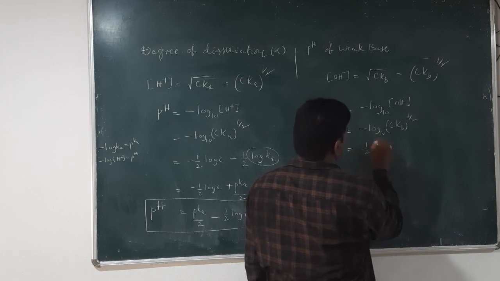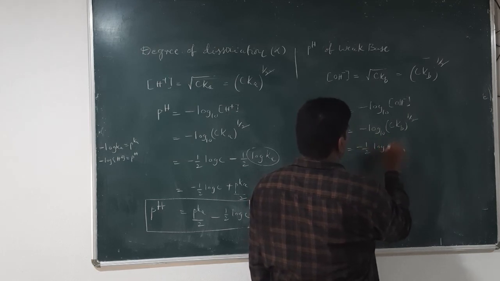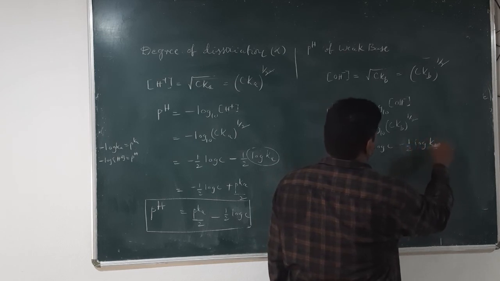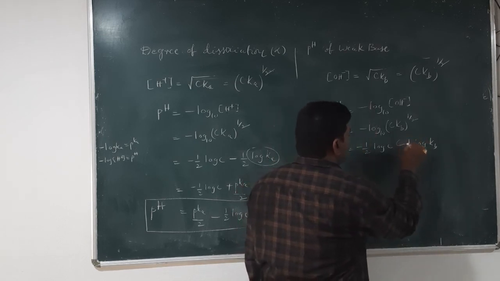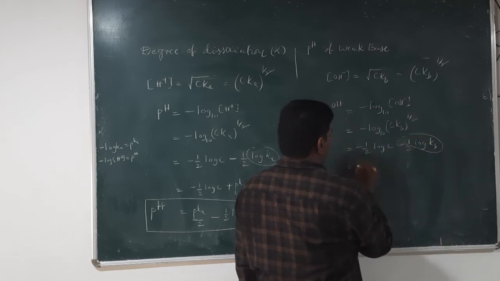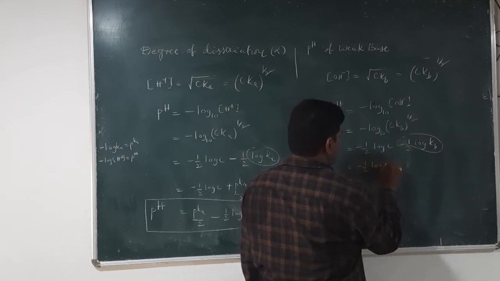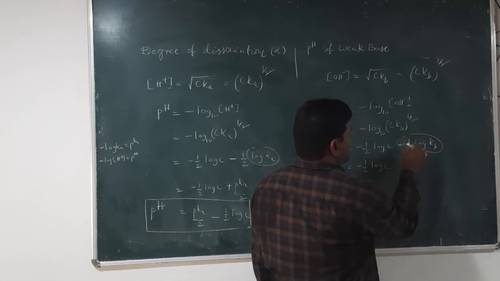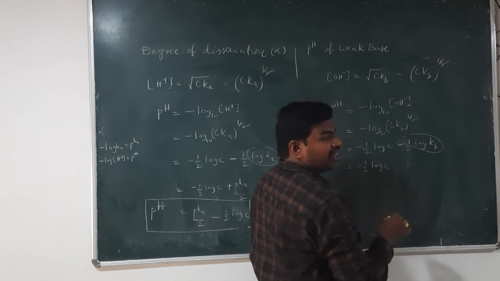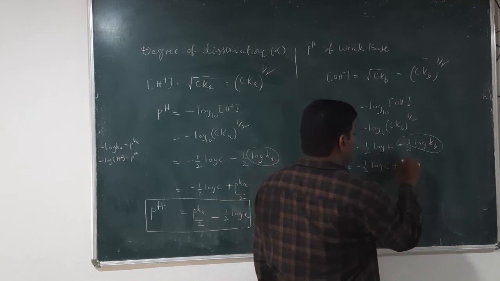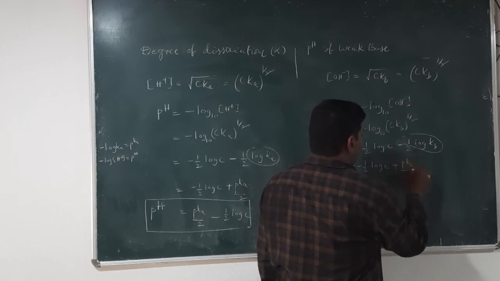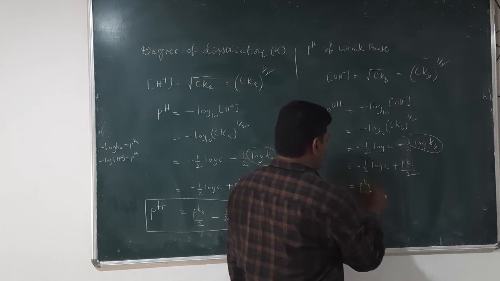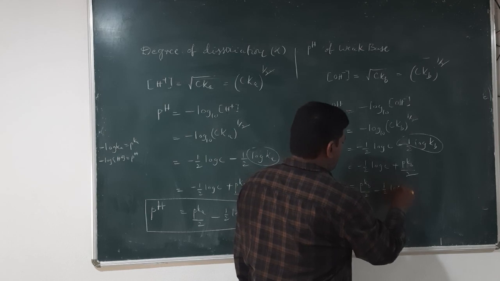Again it can be written as minus 1 by 2 log C minus 1 by 2 log Kb. Minus log Kb can be written as pKb by 2. So pKb by 2 minus 1 by 2 log C.